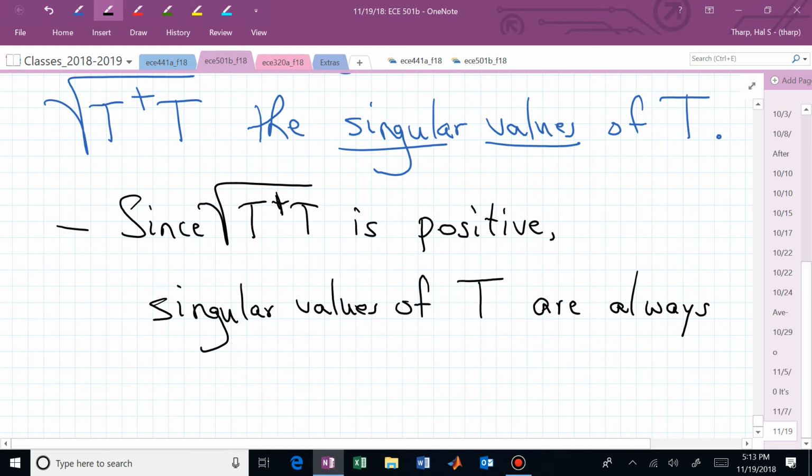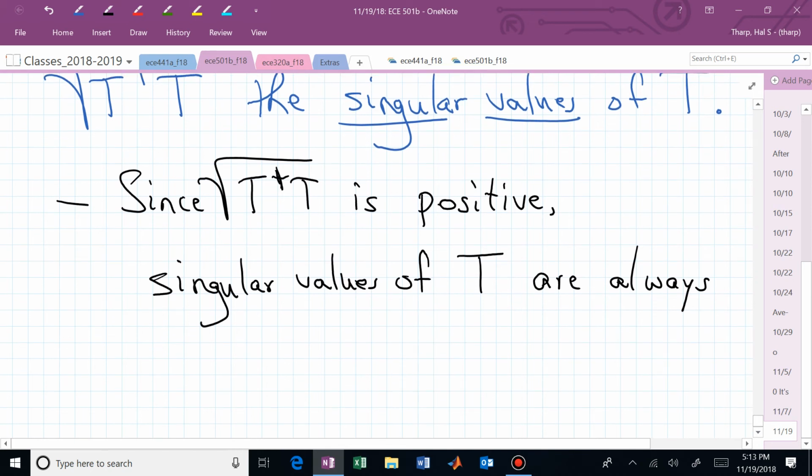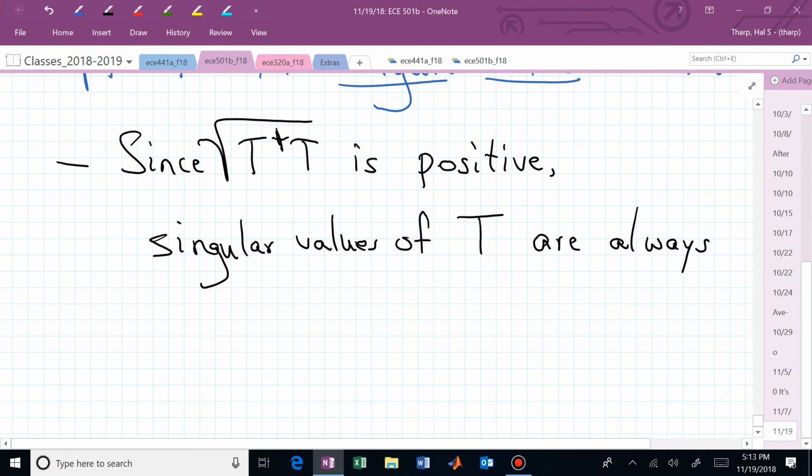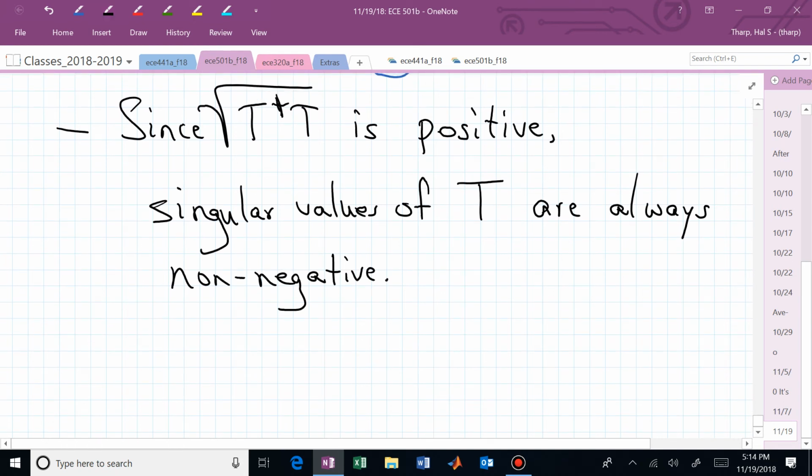We don't have any negative singular values. Pardon? No, the question was more than zero. It's non-negative. We can have singular values that are zero.